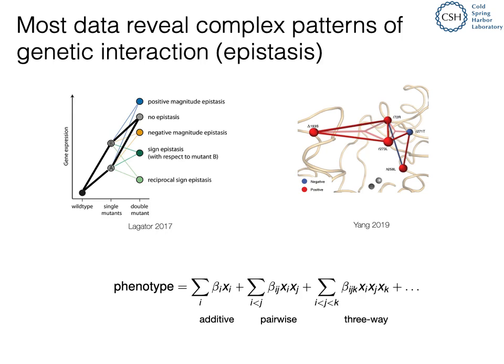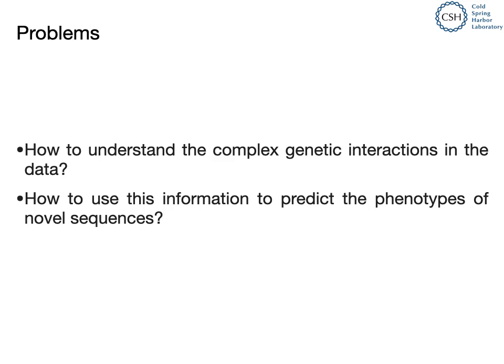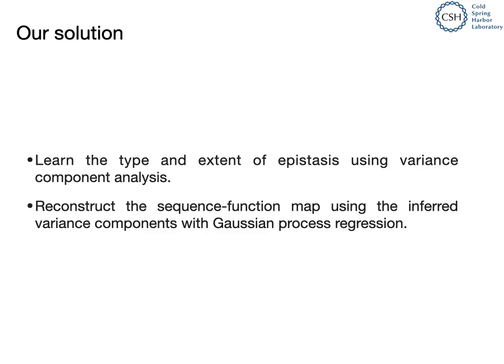The problem is that the number of terms grows exponentially as the order increases, making this unsuitable for modeling high-order epistasis. The problem we try to solve here is first to understand the complex pattern of genetic interactions in the data, and second, how to use this understanding to make better phenotypic predictions.